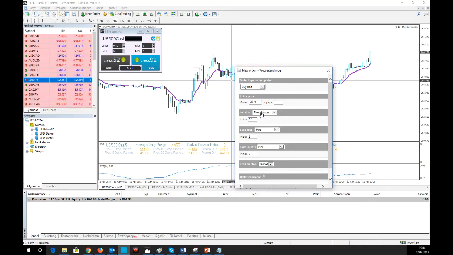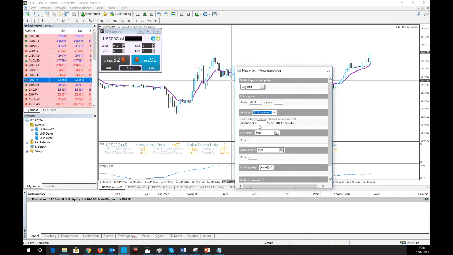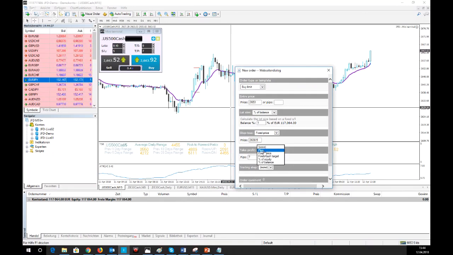You can work with the fixed lot size, but you can also say that you're using X% of your balance, something like 1%. And then you have a fixed price. This is the low of the range, which is here 2,638.5. And we do not have a take profit level.